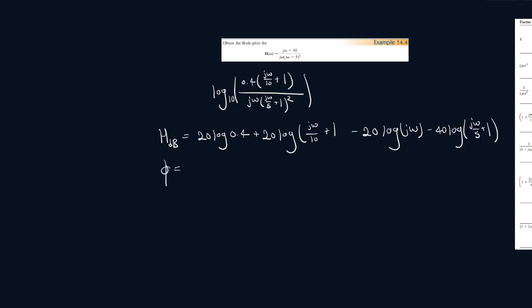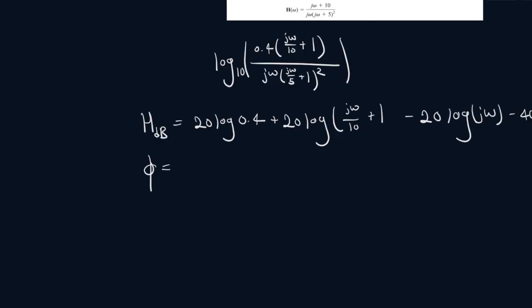Now, for the phase, obviously, we take tan inverse of the imaginary part all over the real part. So the imaginary part for this is 0 all over the real part, 0.4. This is just tan inverse of 0, which is just 0. Plus tan inverse of the imaginary part, which is jω over 10. Wait, I'm going to move this here, okay?